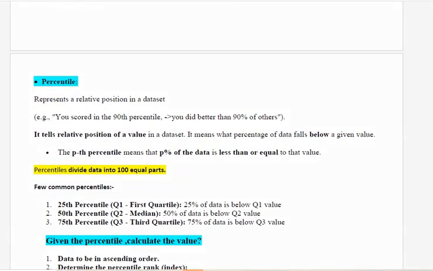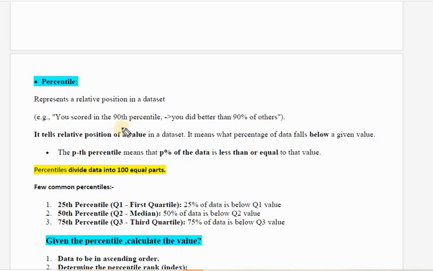Now let's see the percentile. Percentile is different from the percentage. Percentile tells a relative position in a data set. For example, if you have scored the 90th percentile, it means among your total strength, you are better than 90% of others. But in percentage, if you score 90 percent, it means out of 100 you have scored 90 marks.